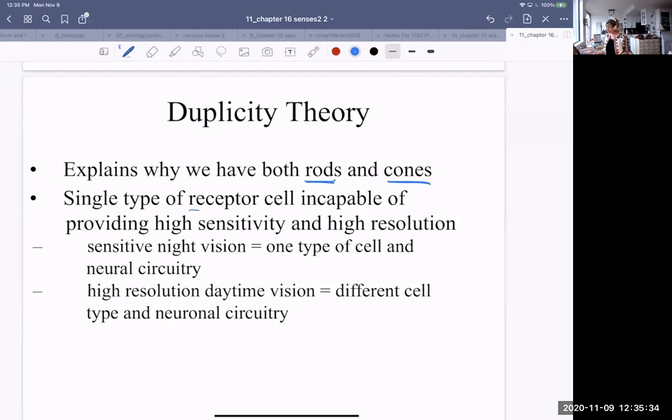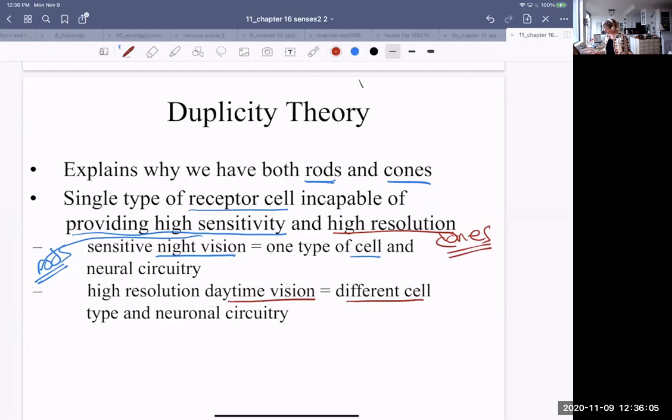So a single type of receptor cell couldn't have both the high sensitivity of a rod cell and the high resolution of the cone cells. Night vision is very sensitive. It's one type of cell. Day vision is a different kind of cell.